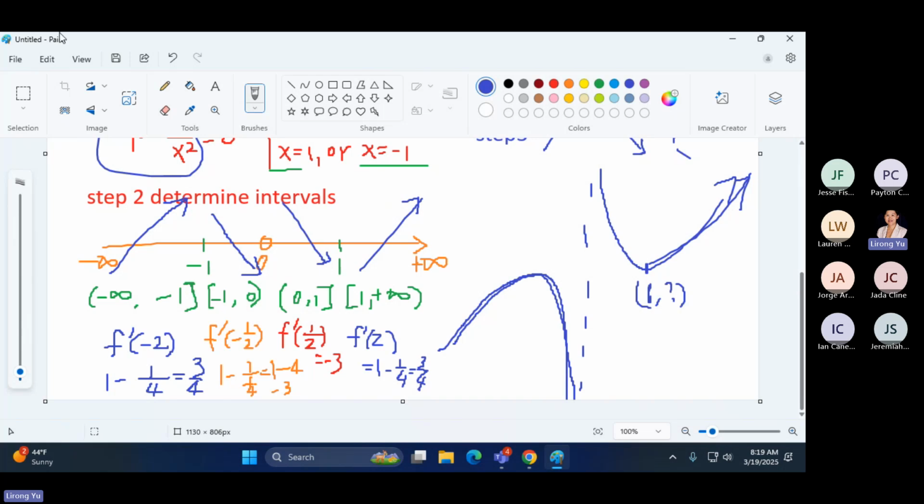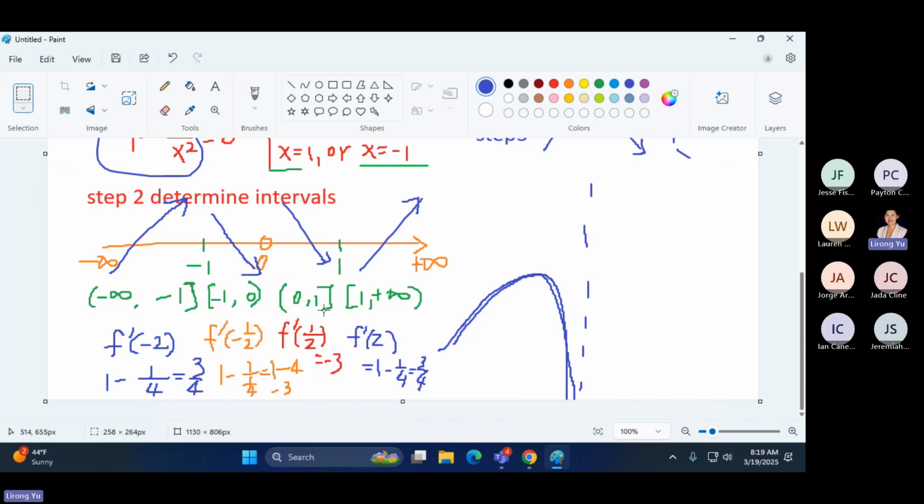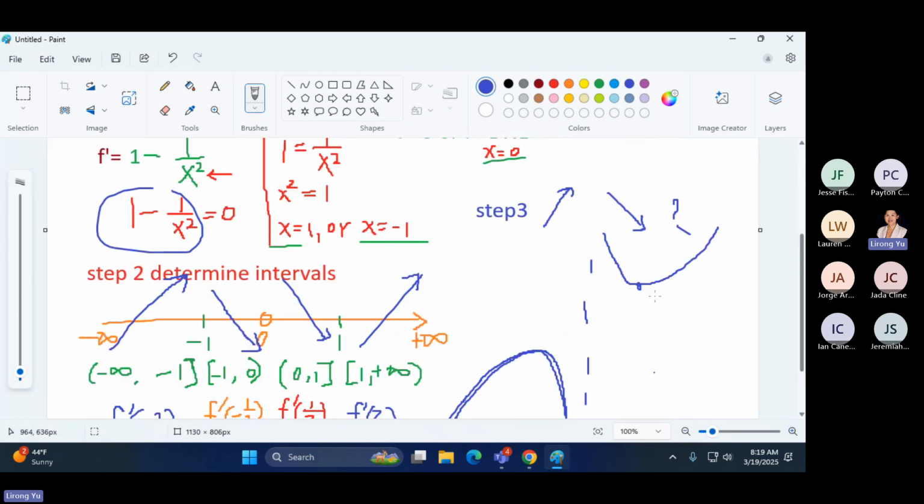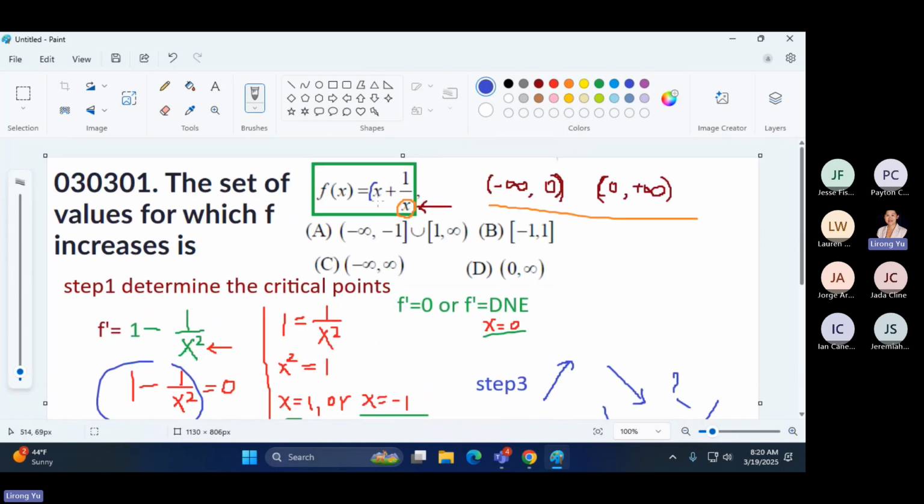I feel like maybe the height is off, since I didn't calculate the y value. As you can see, when we calculated maximum and minimum in the first section, we did calculate the y value. And right now, we only calculate the derivative, and therefore we don't know the height. I think it's supposed to be this way. It should be a little bit higher there, because underneath it we have the x function.